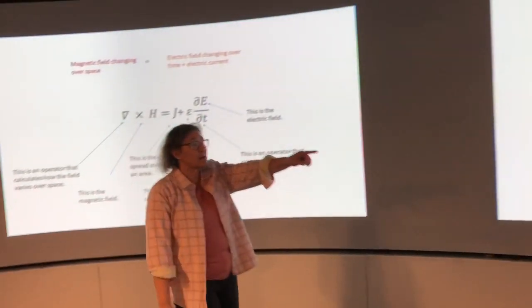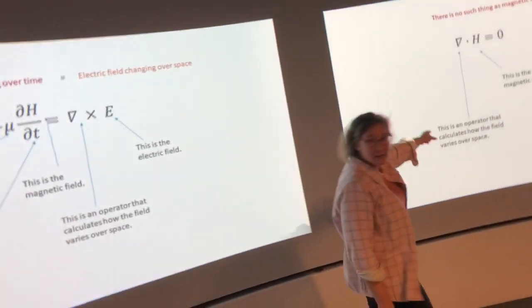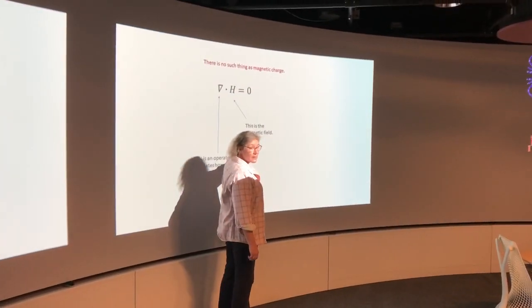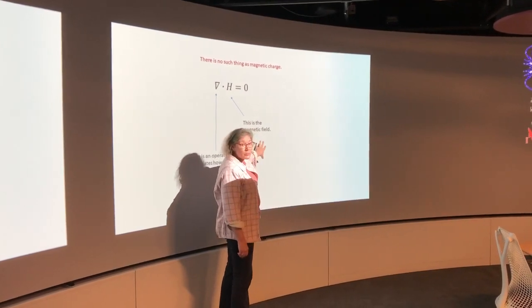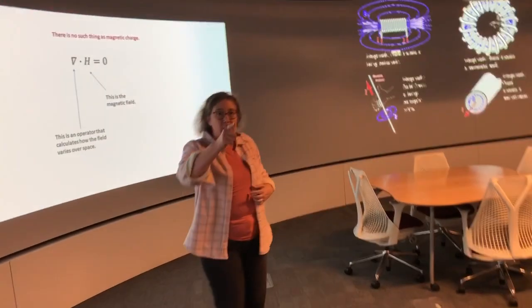This says that you can't do that with magnetic things. It says there is no such thing as magnetic charge. You can think of any atom as having this positive piece and this negative piece, right?